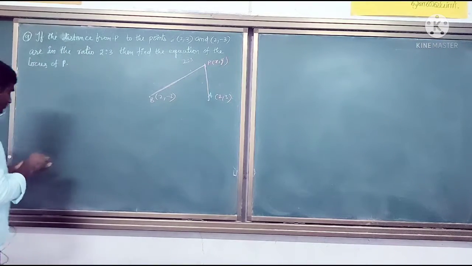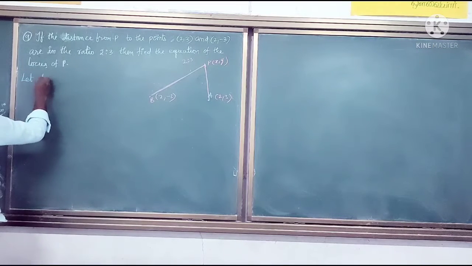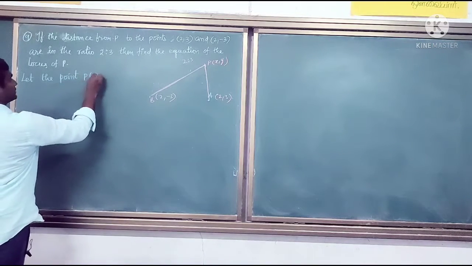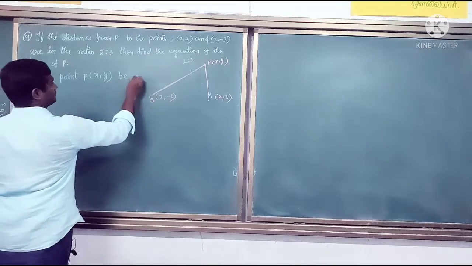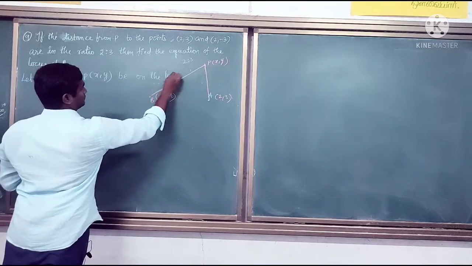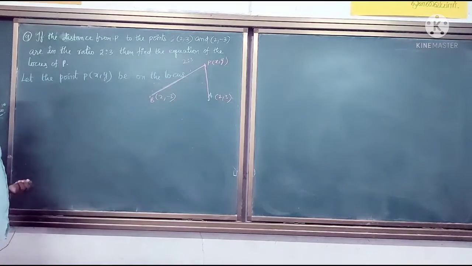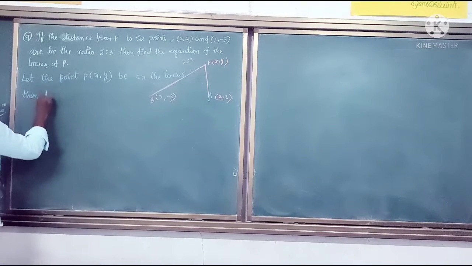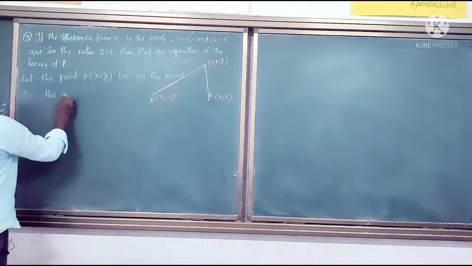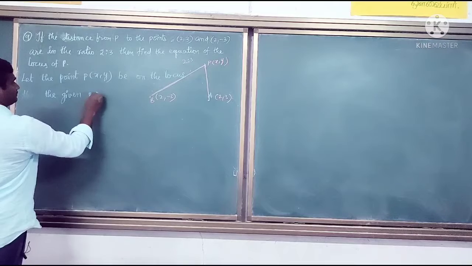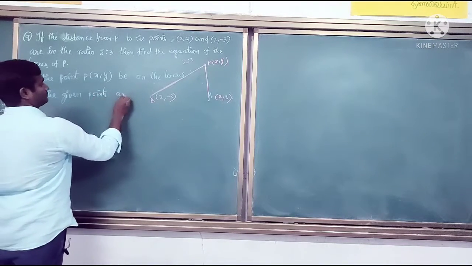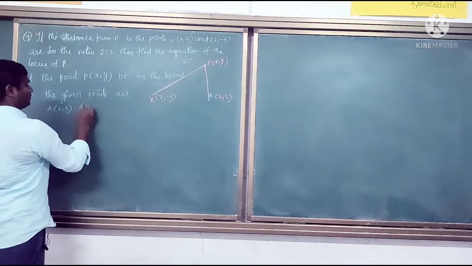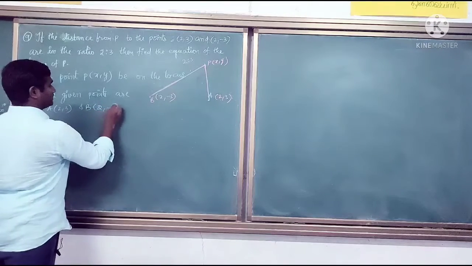Let the point P (x, y) be on the locus. Then the given points can be written as A (2, 3) and B (2, -3).